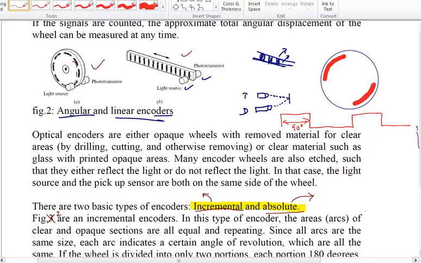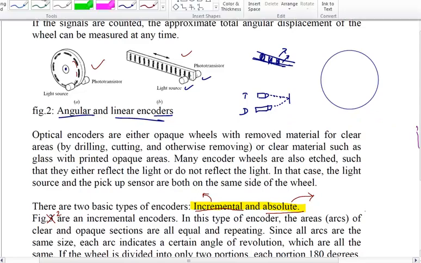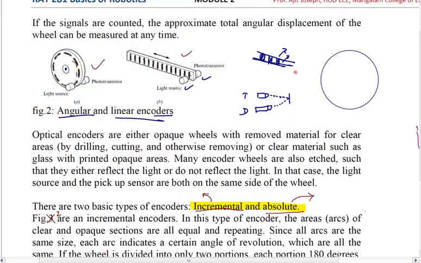Now if I increase it again, and keep on having more and more divisions, I can have 45 degrees, and then the next 45 nothing, then again 45, and the next 45 nothing, then again a 45, and the next 45 nothing, then again a 45. So this will have a 45 degree resolution.